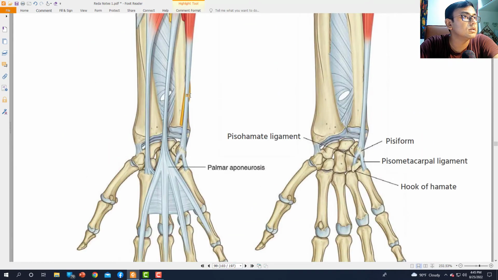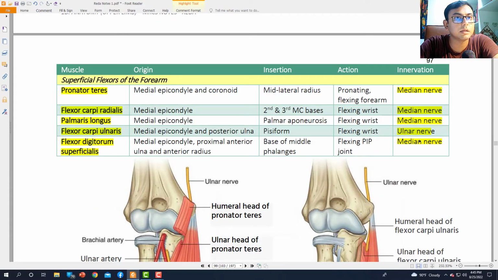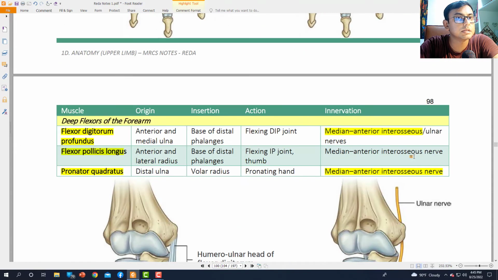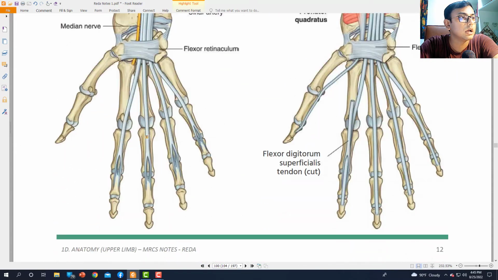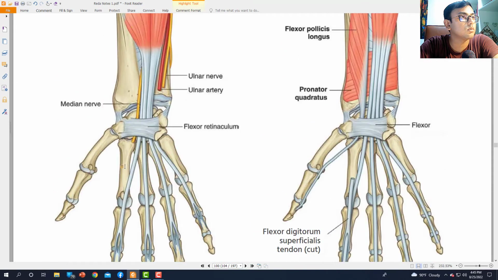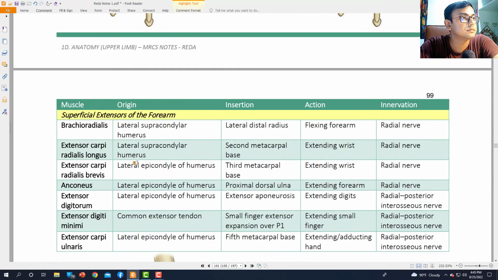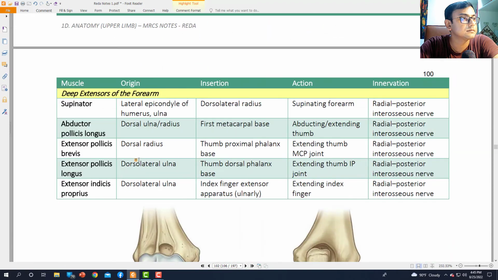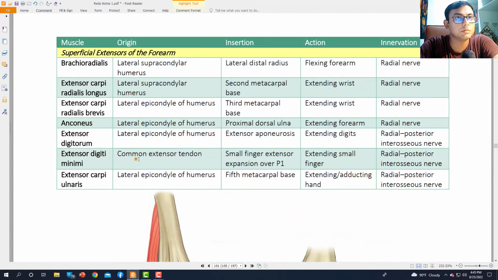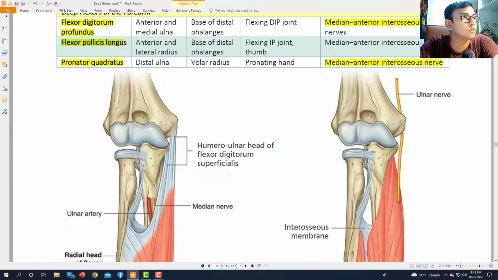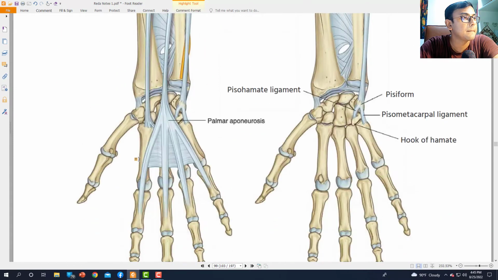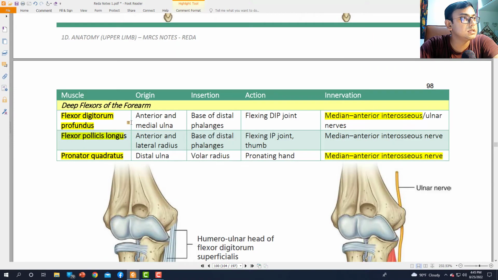As you know, superficial muscles are supplied by the median nerve, but deep muscles are supplied by the ulnar nerve. Here, flexor digitorum profundus is also ulnar nerve. Okay, ulnar nerve. Sometimes it's necessary, so try to remember these things, it is very important.